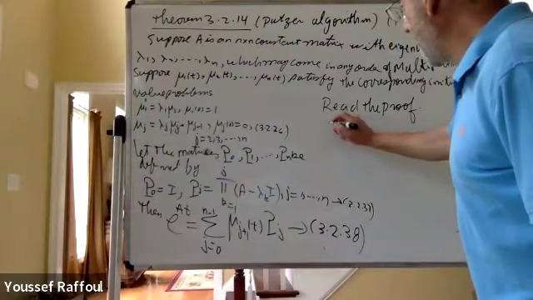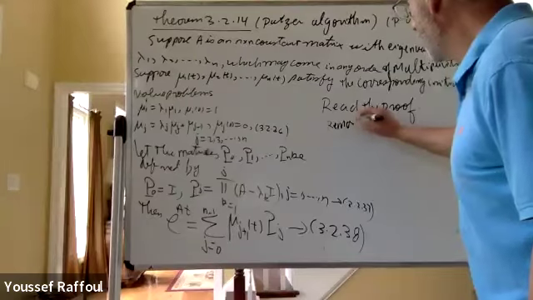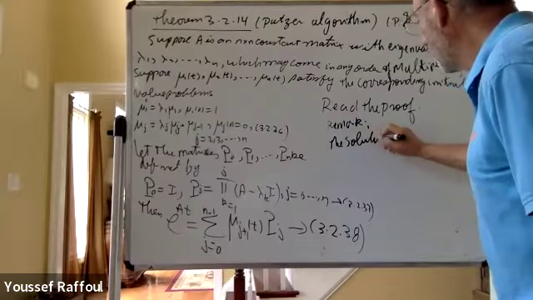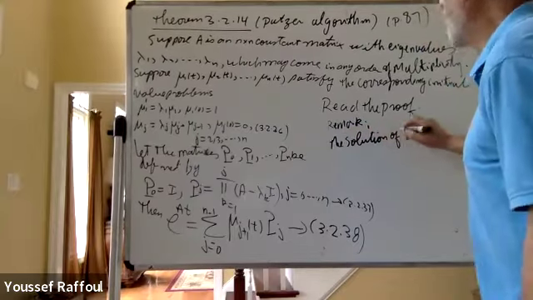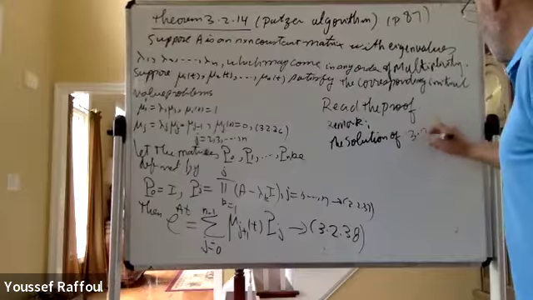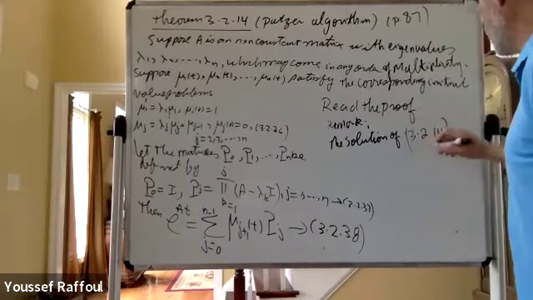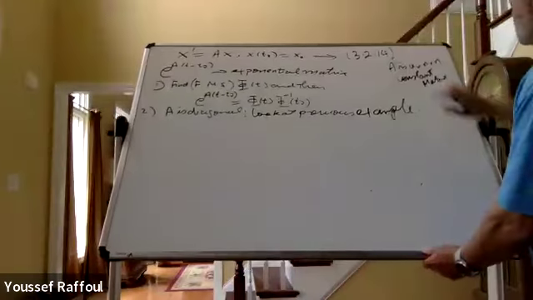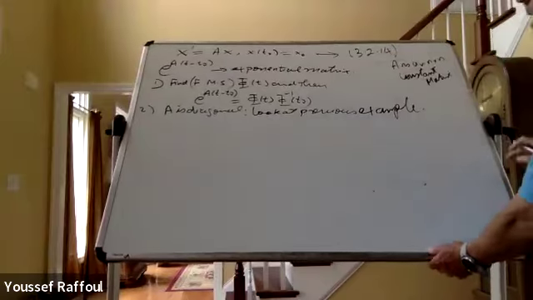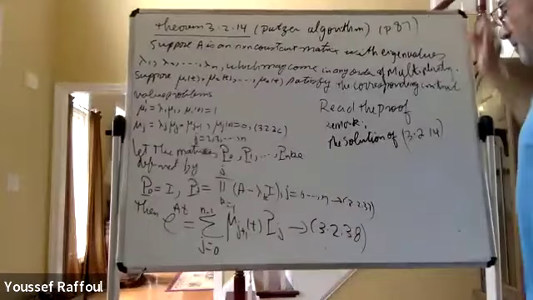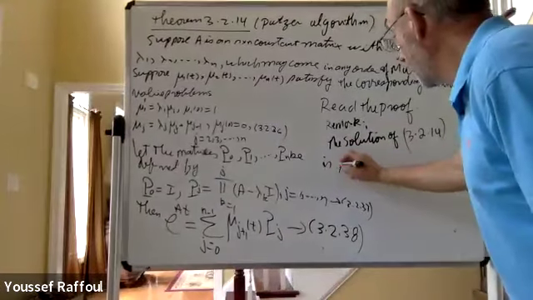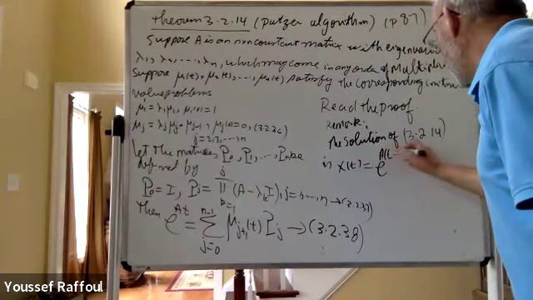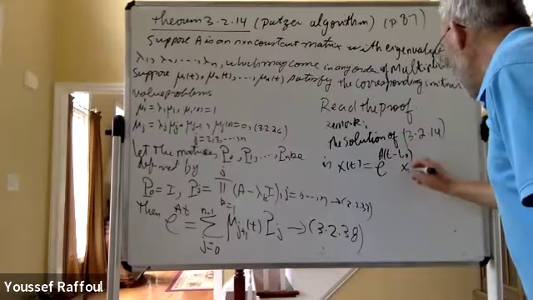Then recall that in this case, remark, the solution of 3.214, which is this one here, x prime equals Ax, x of t naught equals x naught, is x of t equals e to the A (t minus t naught) times x naught.